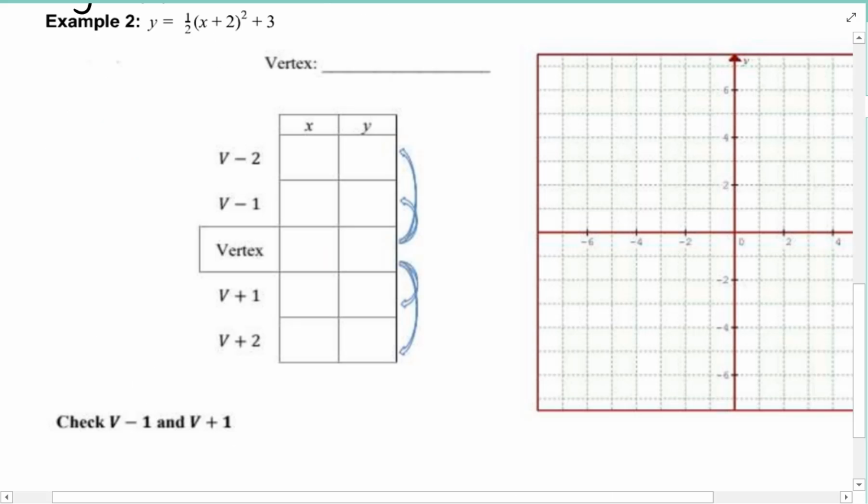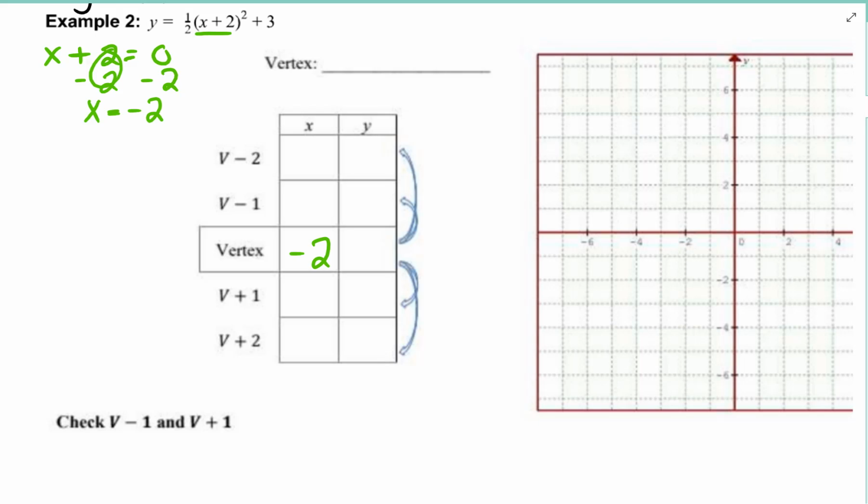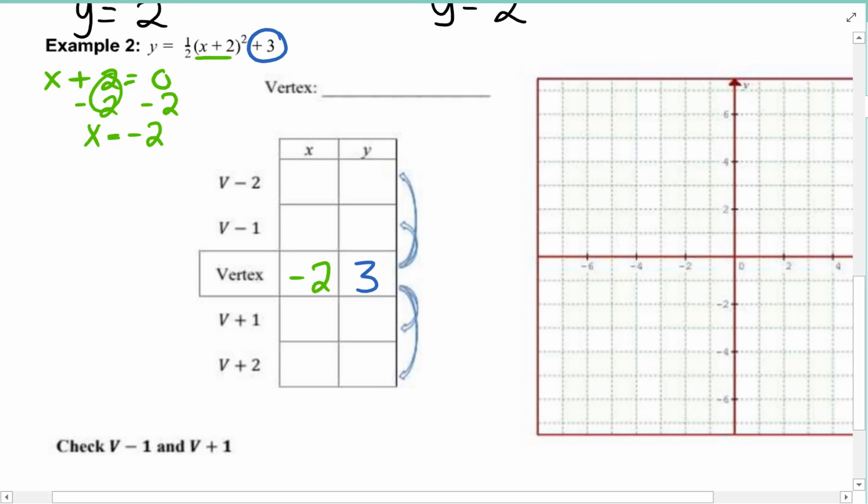To find the x value of the vertex, we take whatever makes this equal to 0. I would subtract 2 on both sides. So the x part of my vertex is negative 2. The y part of my vertex is k, whatever number is here. Same as last time.